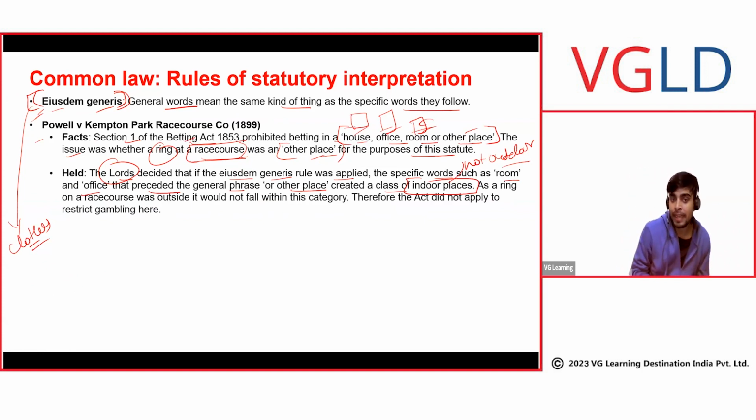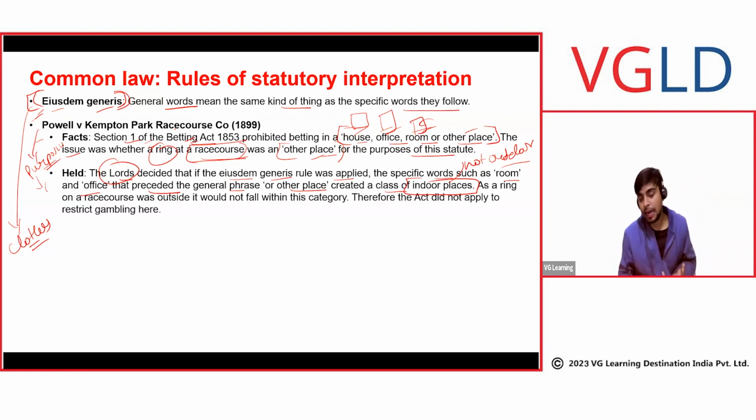If we talk about the Betting Act, don't you think the purpose was to prohibit betting? So if we had applied the purposive rule, according to me, the betting should have been banned, because the purpose of the act was to ban betting. But here the court actually applied ejusdem generis.